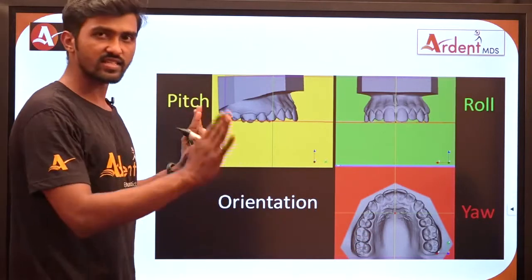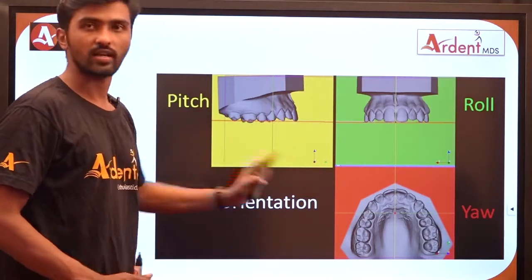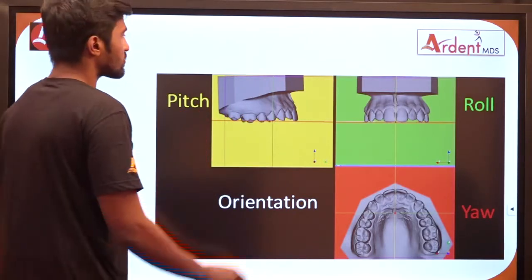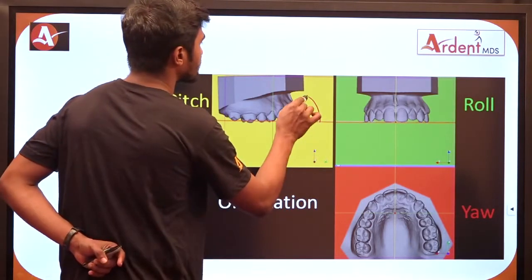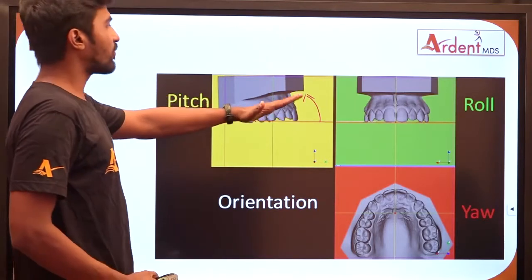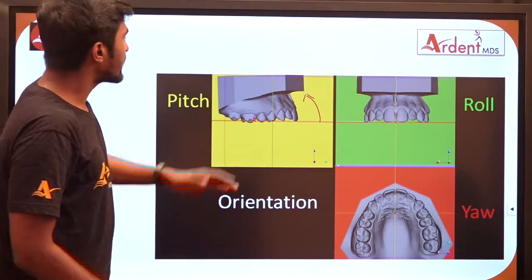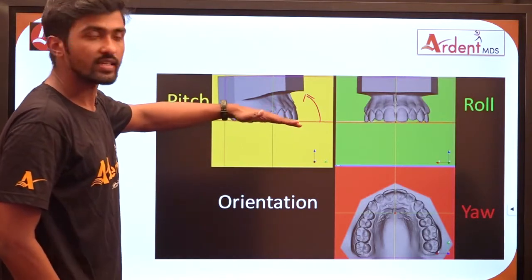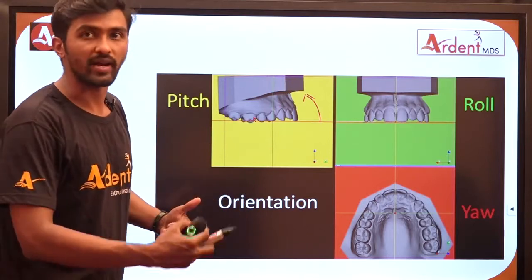Let us correlate what is pitch, roll and yaw in this cast. This is the proximal view of the cast. If this is taken upward like this, this is called pitching up. That means if the anterior teeth are pushed upwards, it is called pitching up of the maxilla.